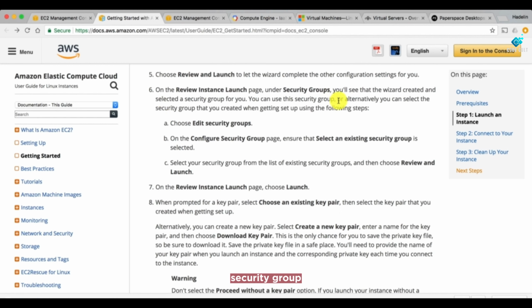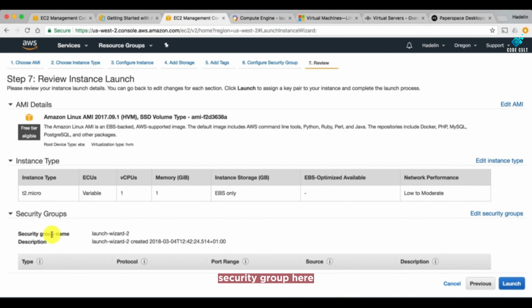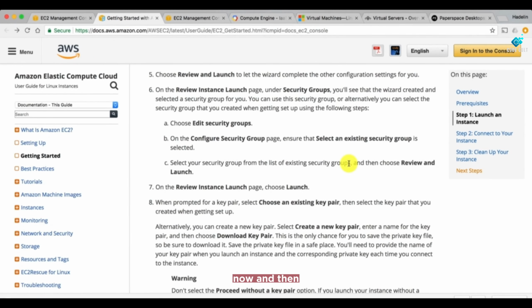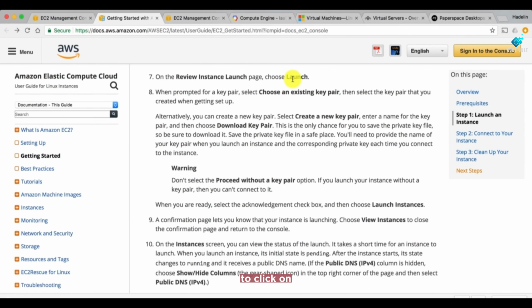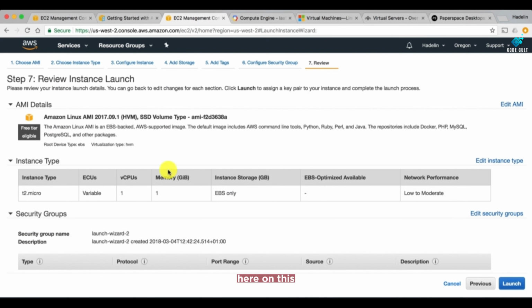We can use this security group, or alternatively, we can select the security group which we created when getting set up using the following steps. The steps are here, but we're going to use this selected security group here. That will do it. No need to get into much advanced details now. And then we just need to click on launch right here on this review instance launch page.